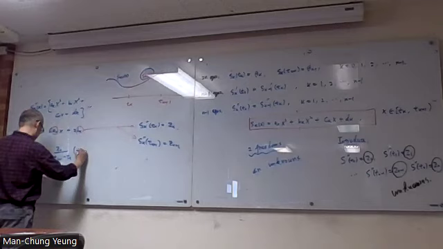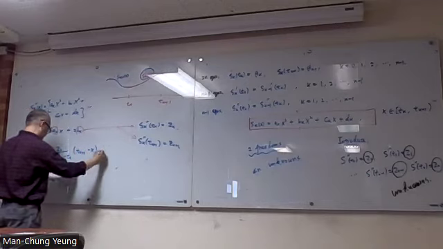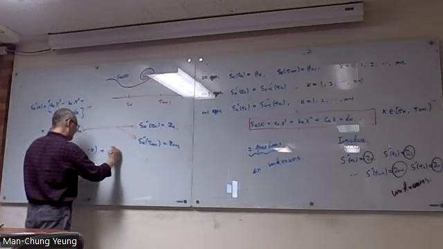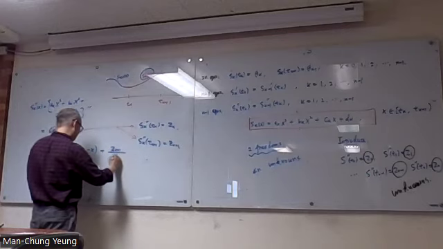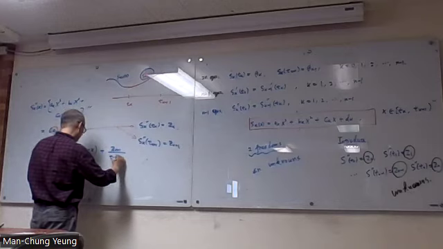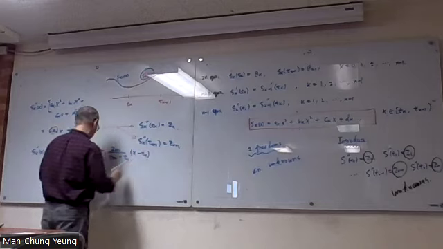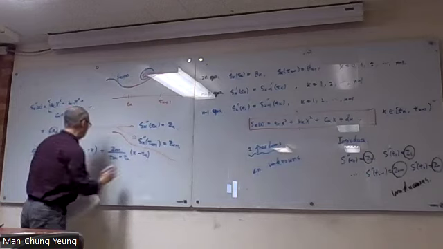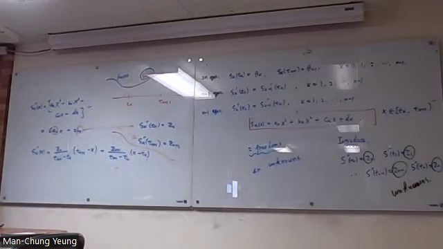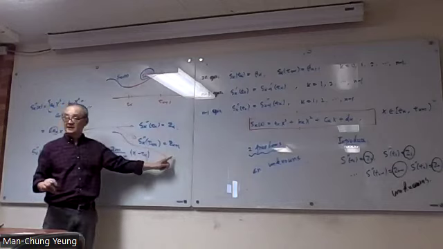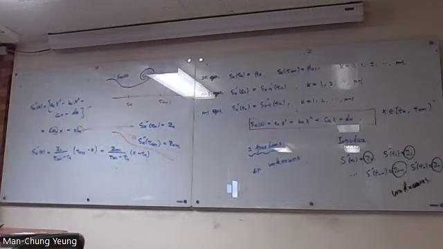The second derivative is Ck times (tk plus 1 minus x) over hk, plus Ck plus 1 times (x minus tk) over hk. So I want to express Sk in terms of Ck and Ck plus 1.